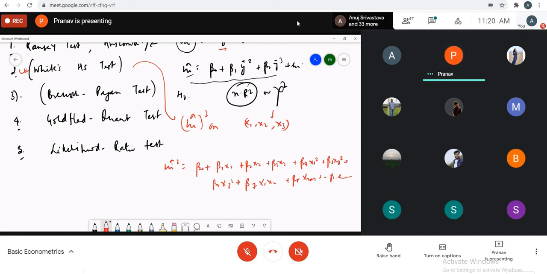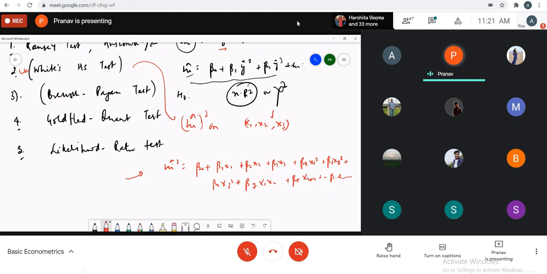Again, the procedure is simple. You calculate R square from this auxiliary regression. N times R square from this auxiliary regression will follow a chi-square distribution. Again, you calculate chi-square critical from the chi-square table. You compare these two values. If N times R square, that is calculated value, is greater than chi-square critical, you reject the null hypothesis.